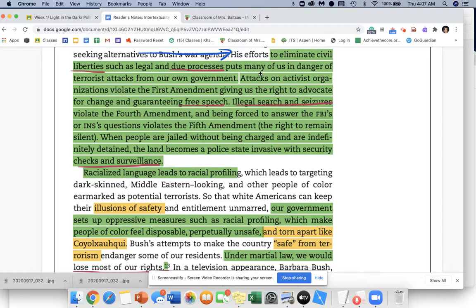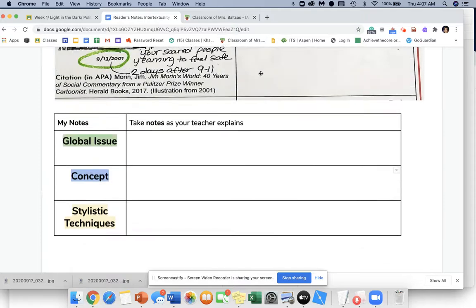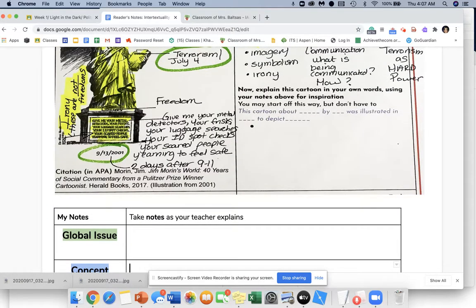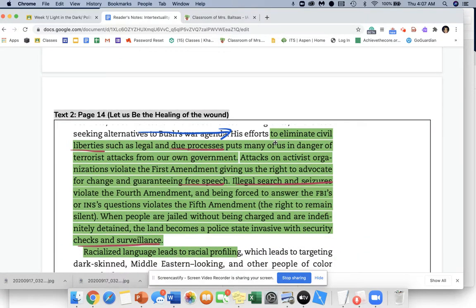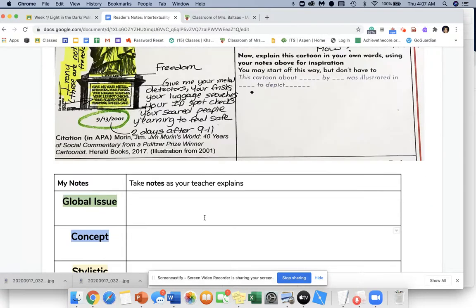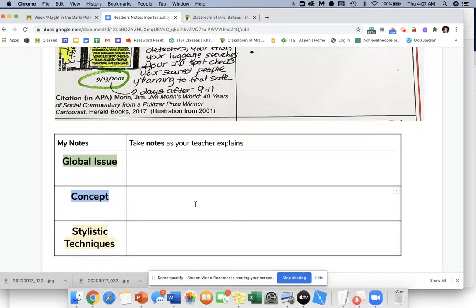So if you think about what I just told you about this idea of civil liberties being taken away here, right? This is the irony here. Here's the intertextuality, because the ideas are coming together and connecting. So his efforts, meaning Bush's, to eliminate civil liberties such as legal and due processes, and these are ideas I'm underlining here, this is all being conveyed in this part of the political cartoon, if you go back and reread it.